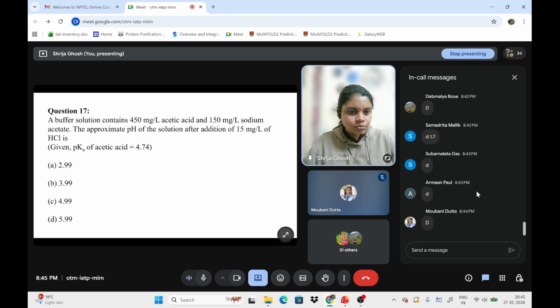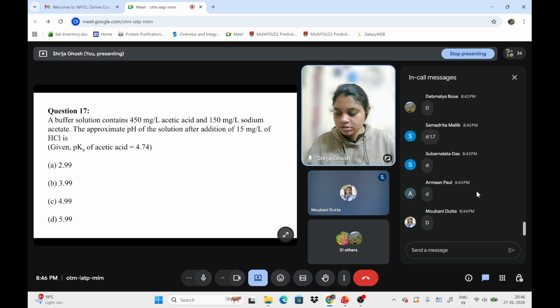So I hope you know the molecular weight of acetic acid, sodium acetate and HCl. Molecular weight of acetic acid would be 60. For HCl it would be 36, and for sodium acetate, I think 83 around.